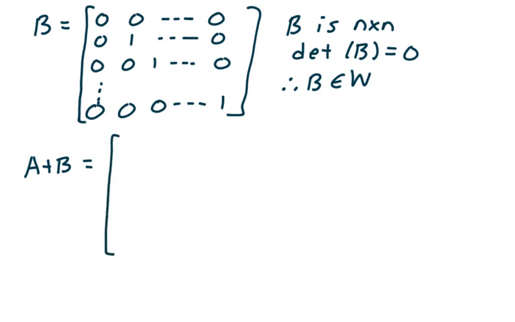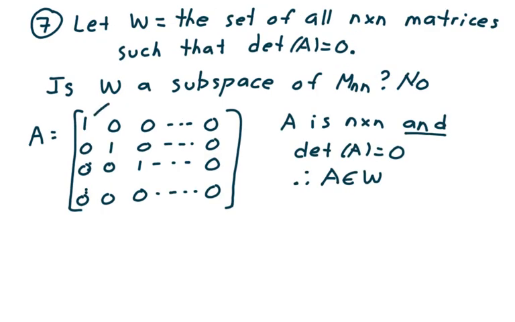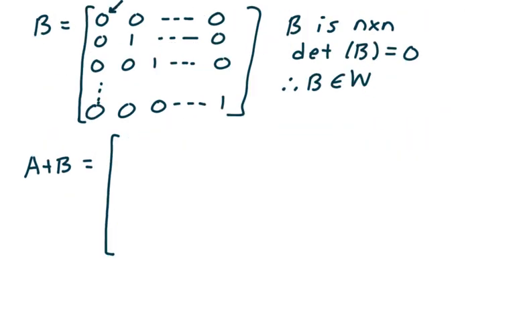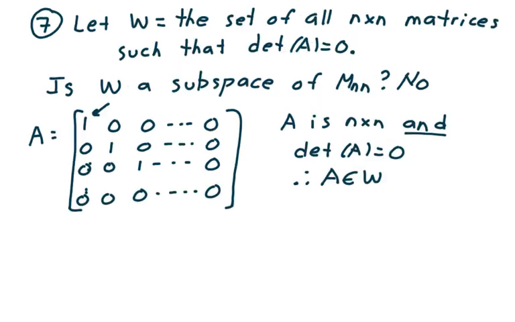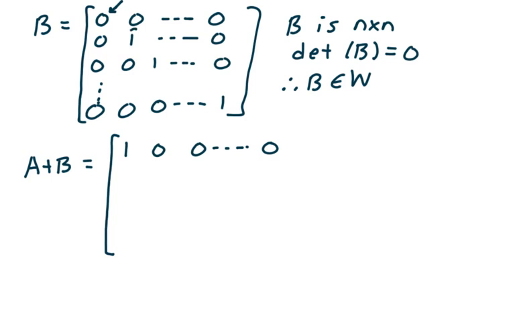Well, notice how this first entry here is 0. This first entry here is 1. So when we add them, we get 1. And then I get 0, 0, 0. And then if I take 1 and add 1, I get 2. So I get 0, 2, 0, 0, 0, 0, 2, 0, right?